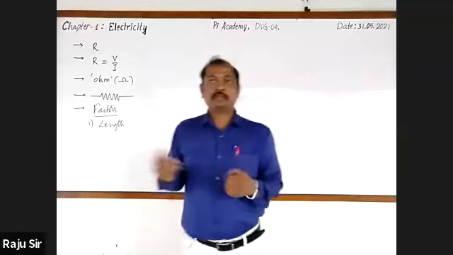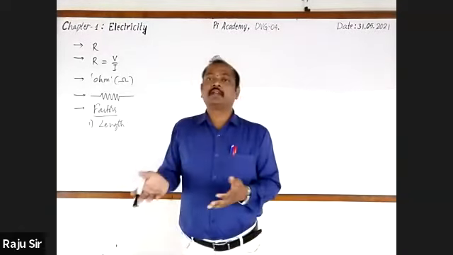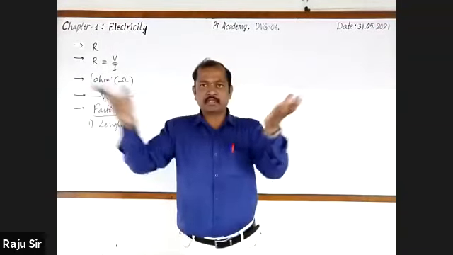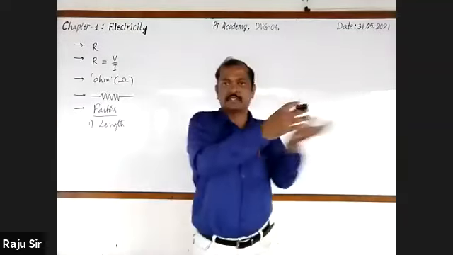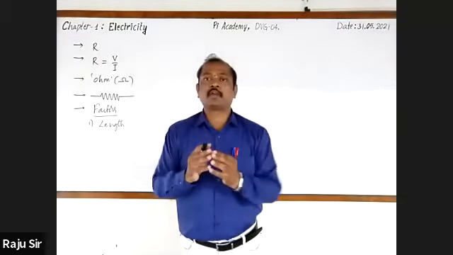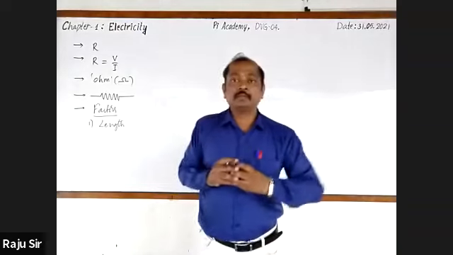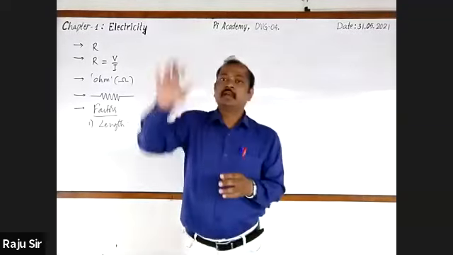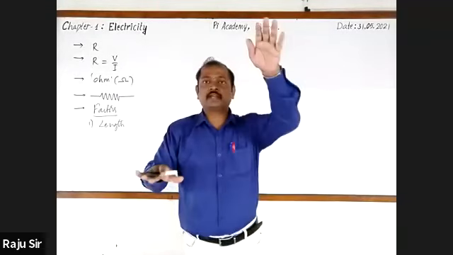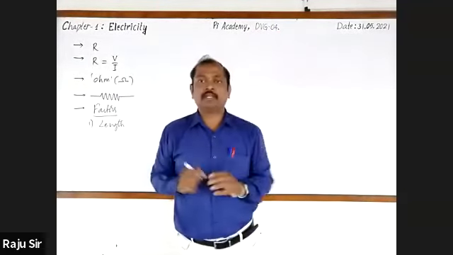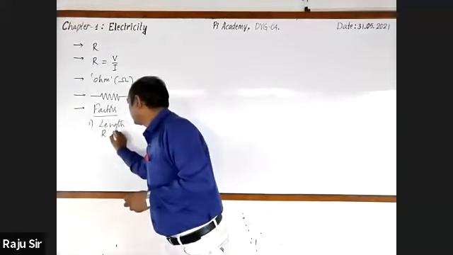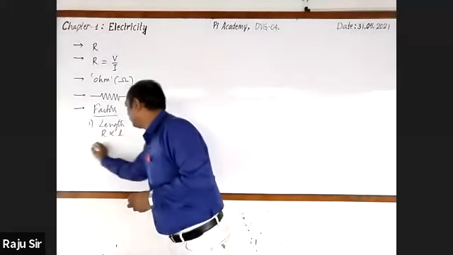As the length of the conductor increases, the electric resistance also increases, because electrons have to travel a longer distance. Hence, they often come across opposition from the atoms present in the conductor. As the length decreases, electric resistance also decreases. Hence, we write R is directly proportional to L.